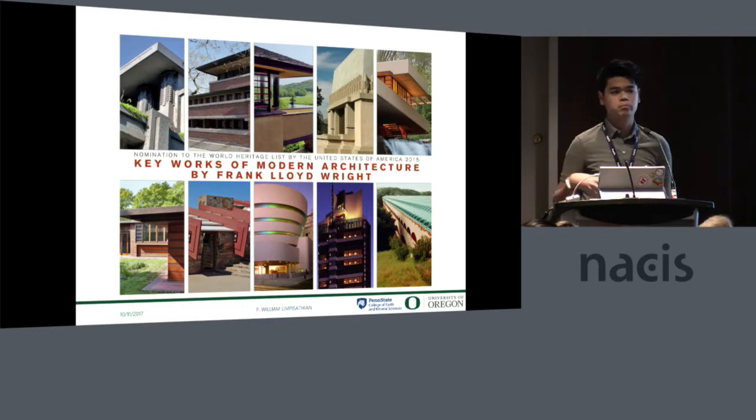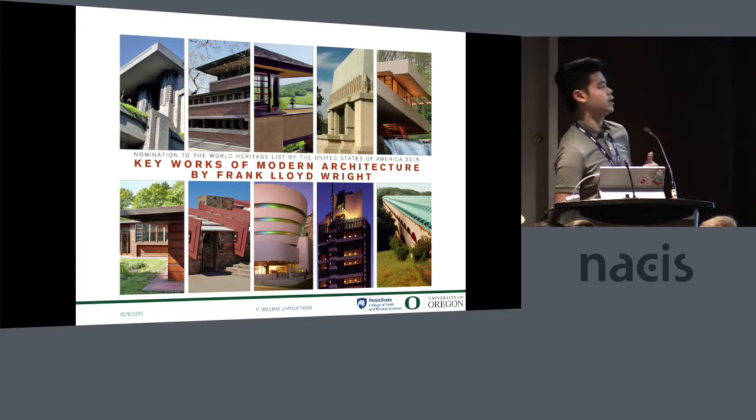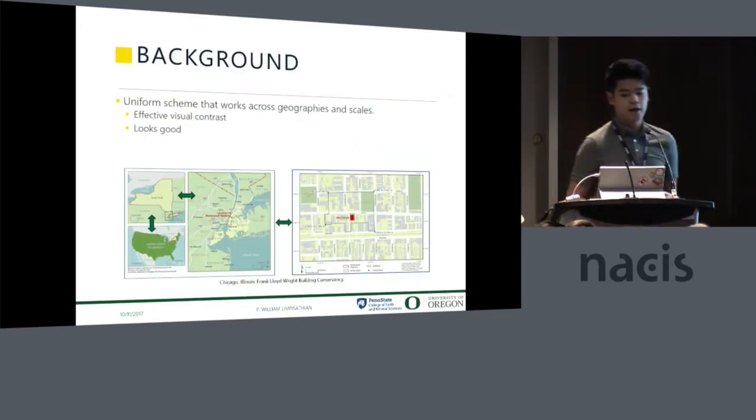So this lack of best practice really rears its head when we're actually doing real-world cartographic projects that have design constraints, or we're working with outside stakeholders that limit us to a certain color or certain limitation in terms of design of what we can do. So this one actually spawned from a previous Frank Lloyd Wright National Park Service UNESCO project that I did at Penn State.